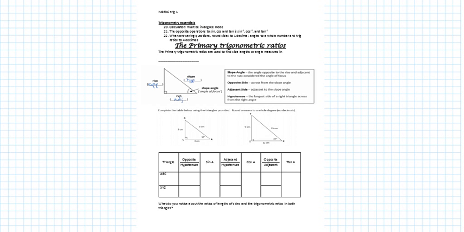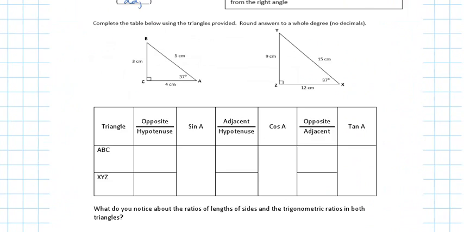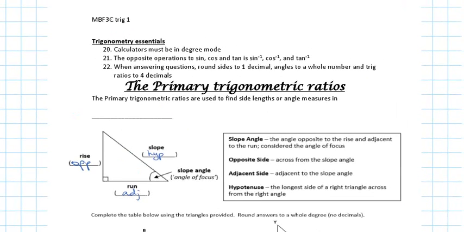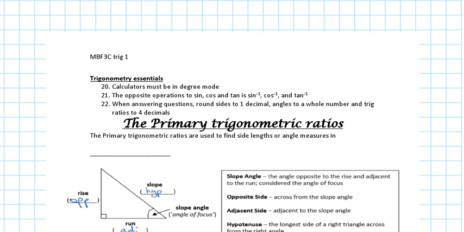Couple more things. Make sure that your calculators are set to degrees. Make sure that on the top it says DEG or just the letter D. You know where the sine, cosine, and tan buttons are?